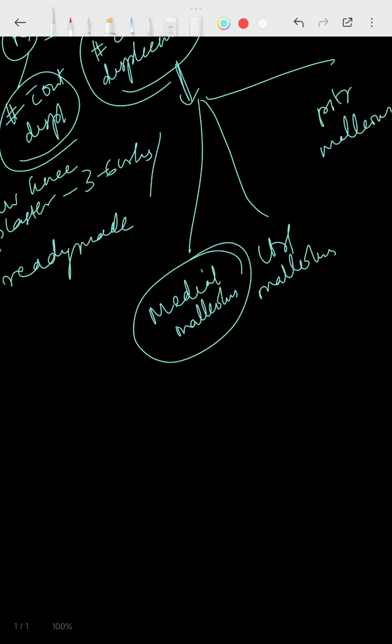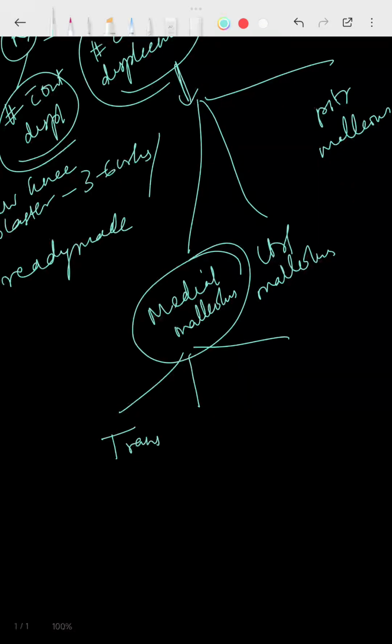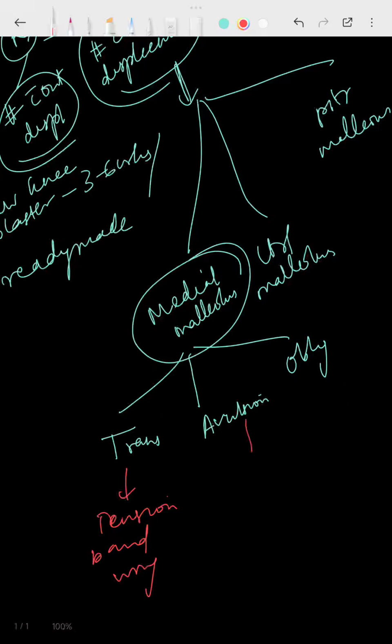If it is the medial malleolus, you can expect three types of fracture: transverse fracture, avulsion fracture, and oblique fracture. Transverse fracture is managed with tension band wiring. Avulsion fracture is also managed with tension band wiring. Oblique fracture is managed with compression screws.